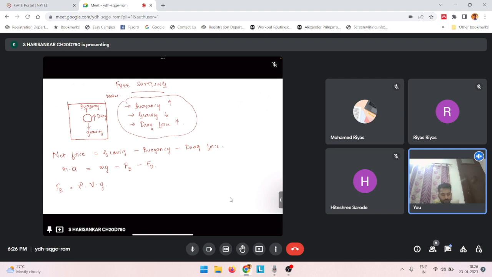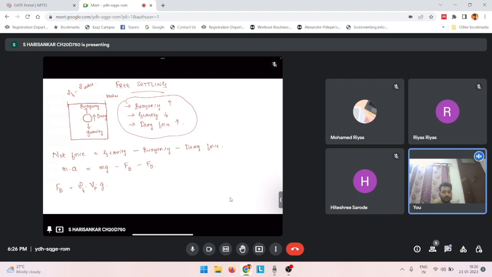So this rho is basically rho F. This F means fluid, water. So rho F is the density of water. You can take this rho F in terms of any fluid in consideration. Here we are taking it as water. V is actually the volume of the particle, so we will represent it as Vp.